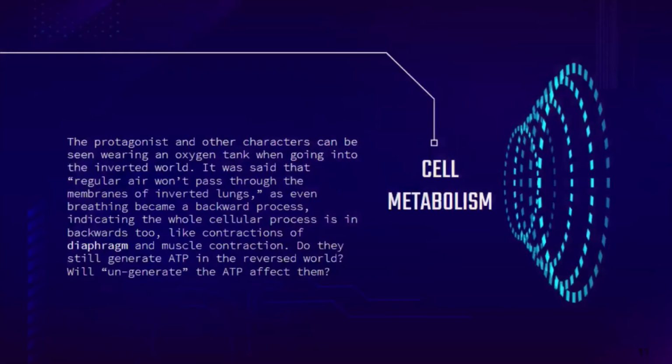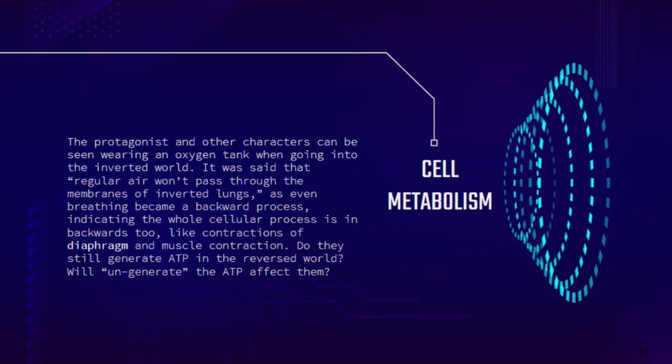Hi everyone, my name is Sulan and I am from Group C. In this scene, the protagonist is going back in time. As per our research, the actors are reverted, but not the world, and they need to wear masks because regular air will not pass through the infected lungs.